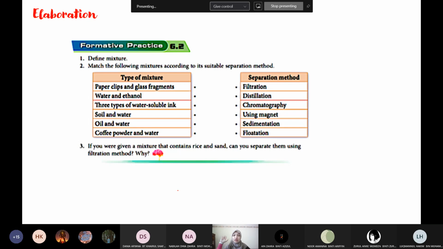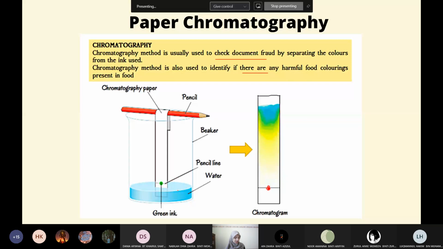Alright. Settle for all methods. Okay, can anyone tell the teacher what methods we have gone through just now? Okay, what did we start with first? Distillation. Yes, we start with distillation. Okay, what else? Using magnet. Using magnet. Okay. Other than that?